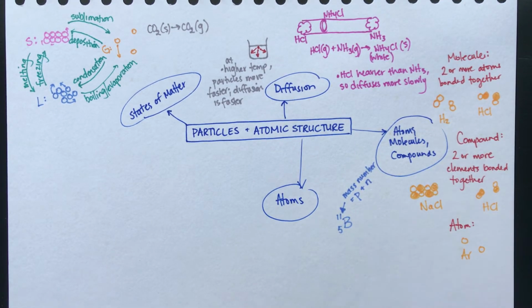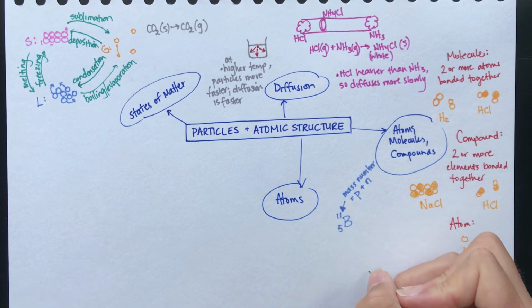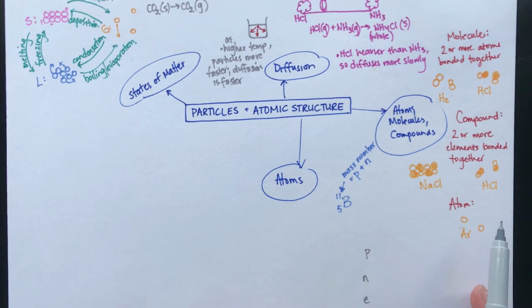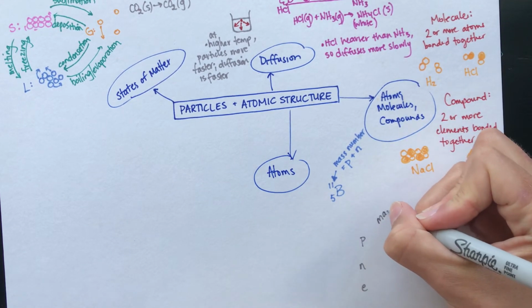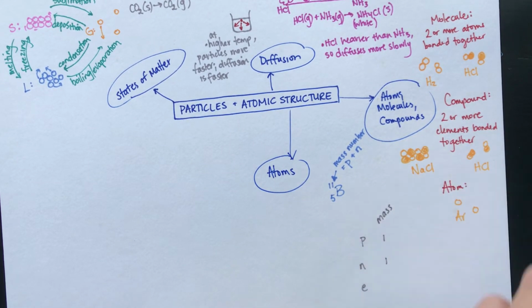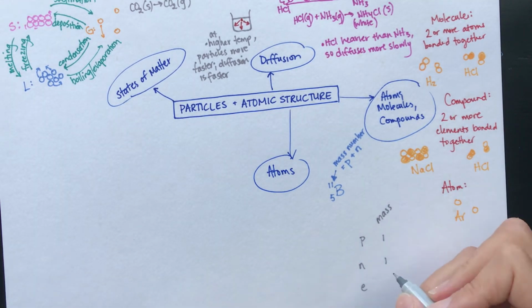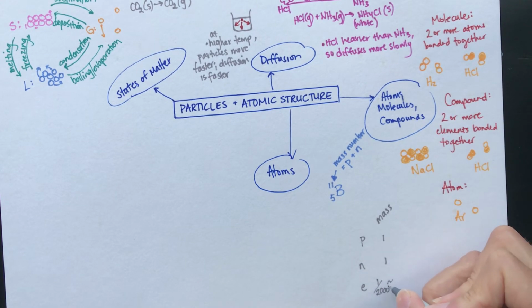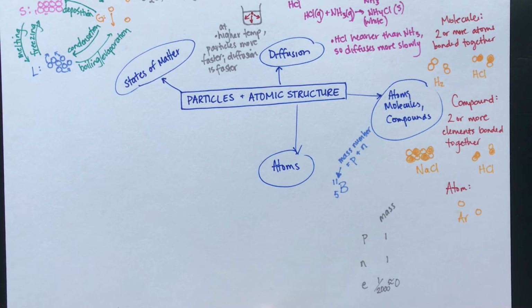The reason for that, if we make a little table of our 3 subatomic particles, protons, neutrons, and electrons, is that protons and neutrons both have a mass of 1. Electrons have a very, very small mass, almost 0. It's roughly 1/2000th of the others, but very, very small, so it doesn't count toward the mass number.